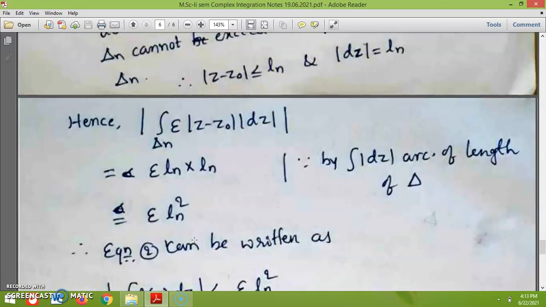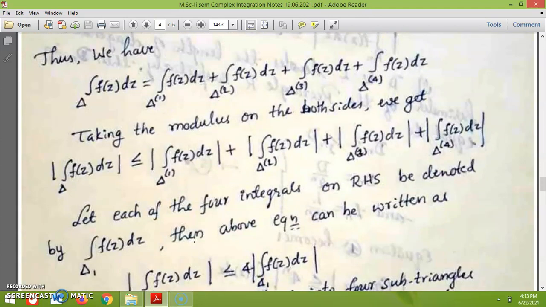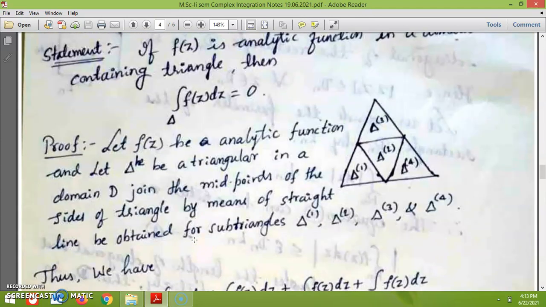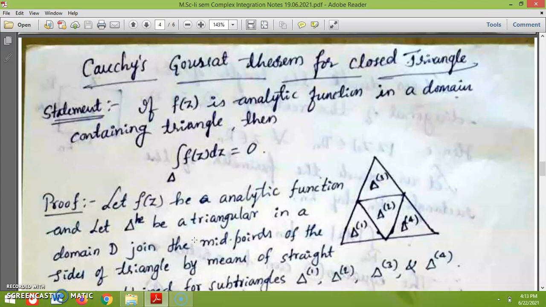So as the statement says, if you have any closed curve, then there is no problem: the integration of f of z over it is 0 there.